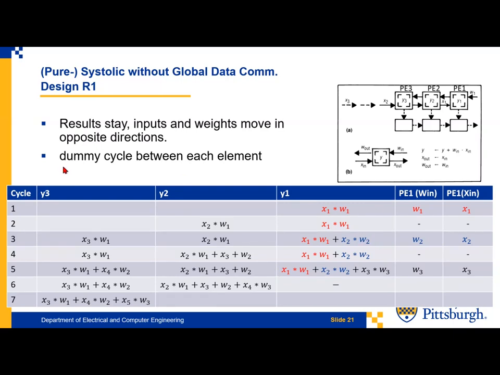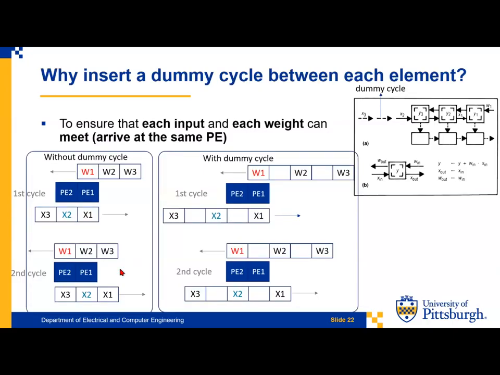And why do we need to add the dummy cycle? Why do we need to insert a dummy cycle between each element? That's because we need to ensure each input and each weight can meet each other, can arrive at the same processing element.